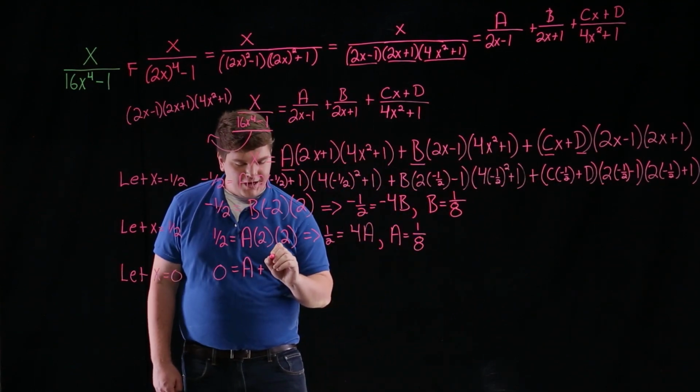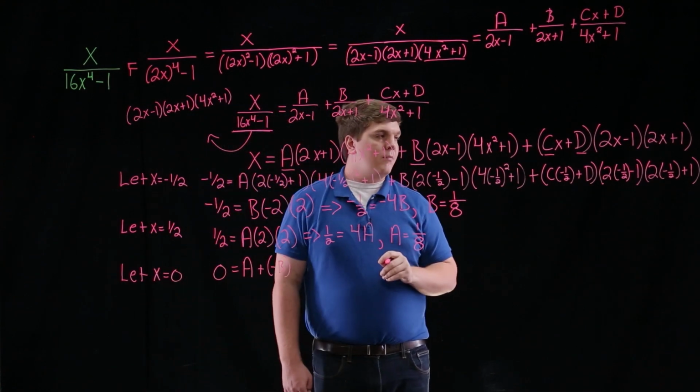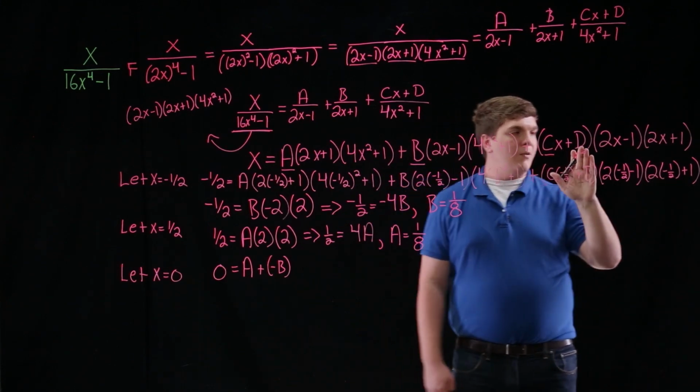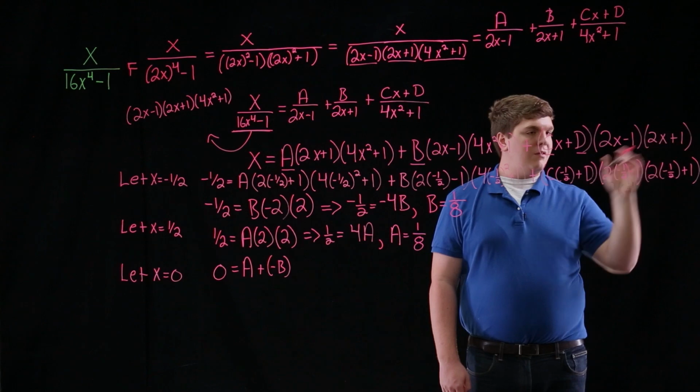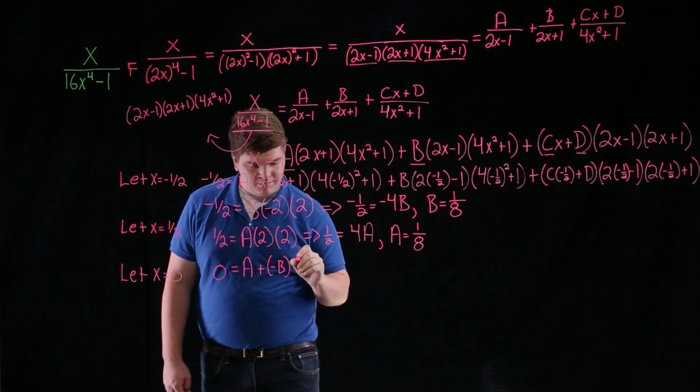So we'll be adding a negative b. Plus, here we said x is 0, so we'll have d times negative 1 times 1. So we'll be subtracting a d or adding negative d.